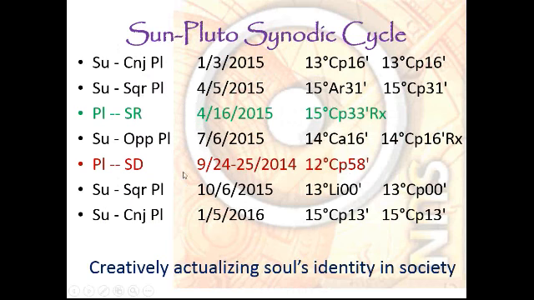If you want to look at the planetary pair of Sun-Pluto, this is the creative actualization on a soul level, consciously. You put this in Capricorn, Cancer, and we're creatively actualizing our own soul's identity within society.